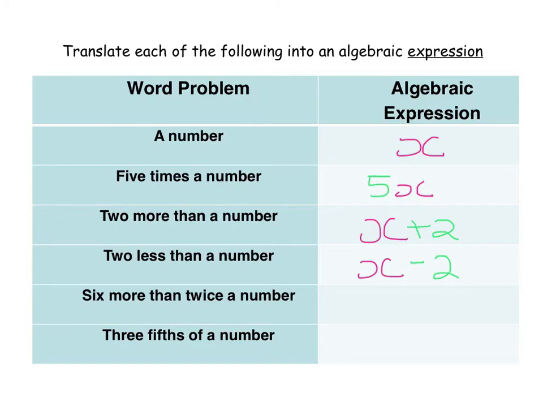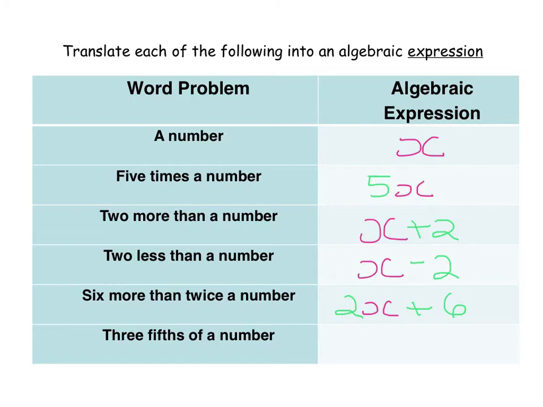We can be more complicated. 6 more than twice a number. So we need to multiply x by 2 and also add 6 to it. 3/5 of a number, we're taking a proportion of a number.